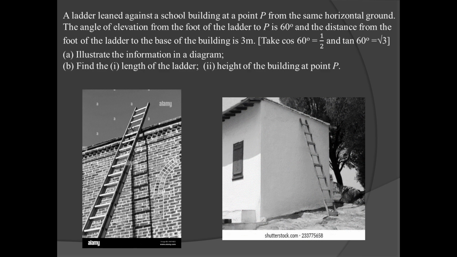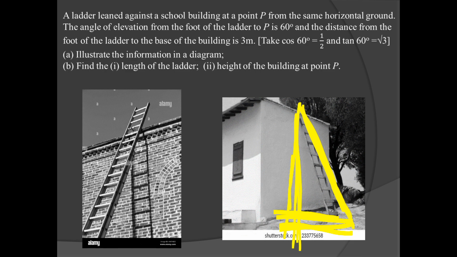Now look, it's leaning against a building. So from here to here, this is the building, is that not it? And then this is the foot of the ladder to the foot of the wall, right? And then this is the ladder itself. That becomes our hypotenuse. Can you see that? So our hypotenuse here, our base here, and then our height here. Can you see that? Good.